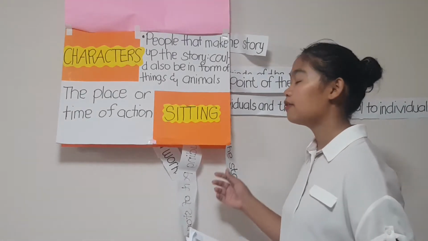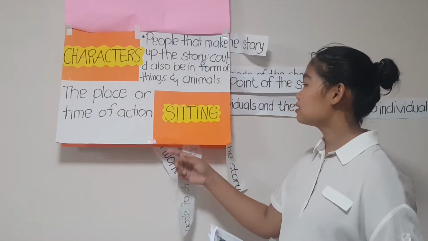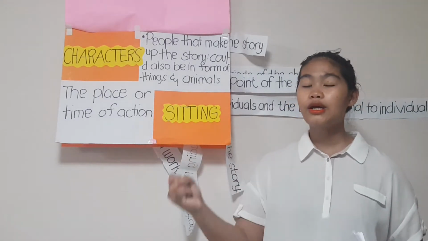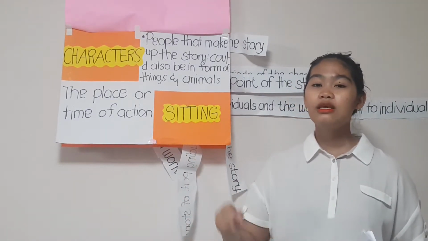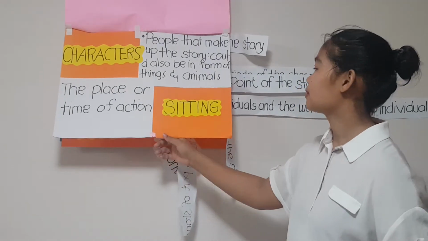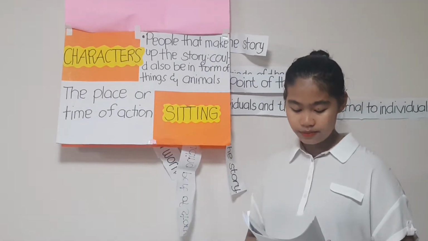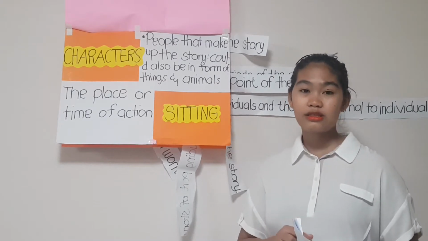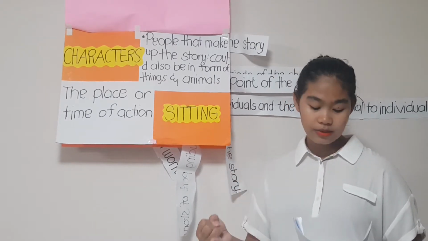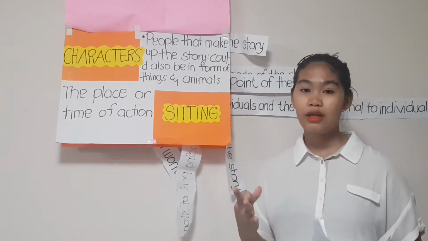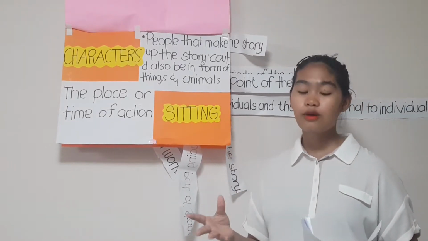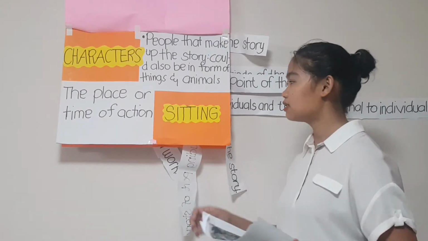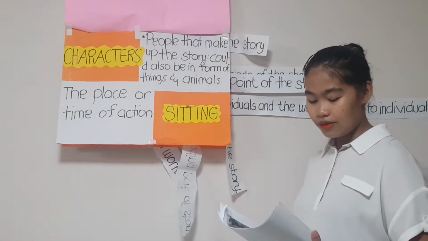So we have the settings. The settings are the time and place of the action. It could be where did it happen? When did it happen? Authors can use descriptions of landscapes, scenery, buildings, seasons, or weather to provide a strong sense of setting.